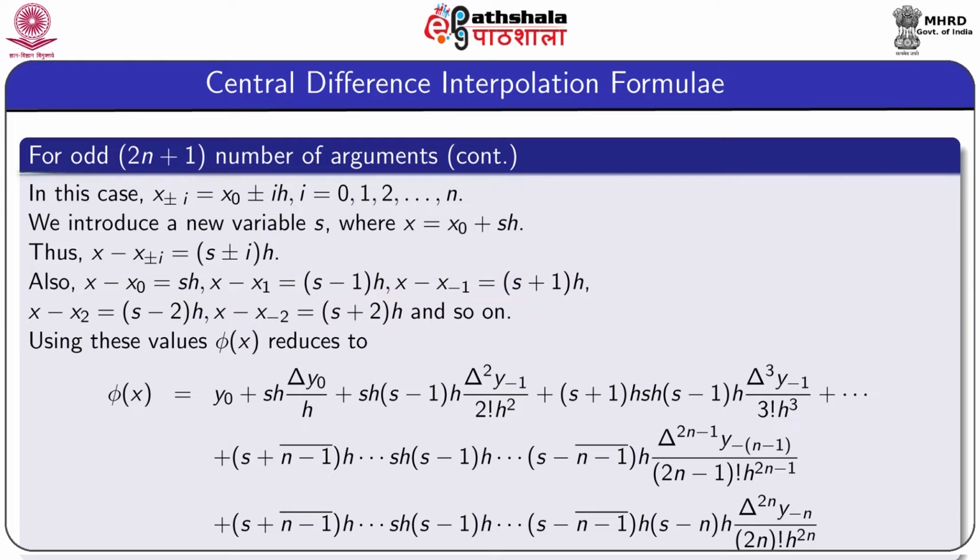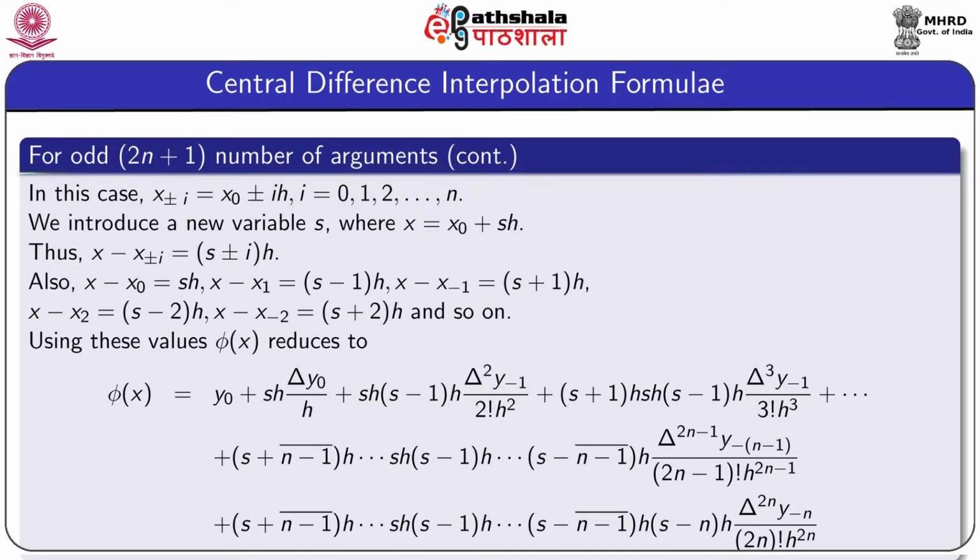So, using these values, the previous polynomial phi x reduces to the following form, and note that in this polynomial each term contains the same number of h in numerator and denominator.